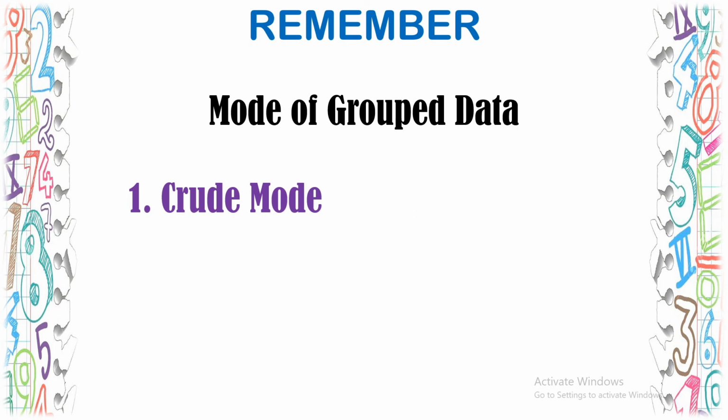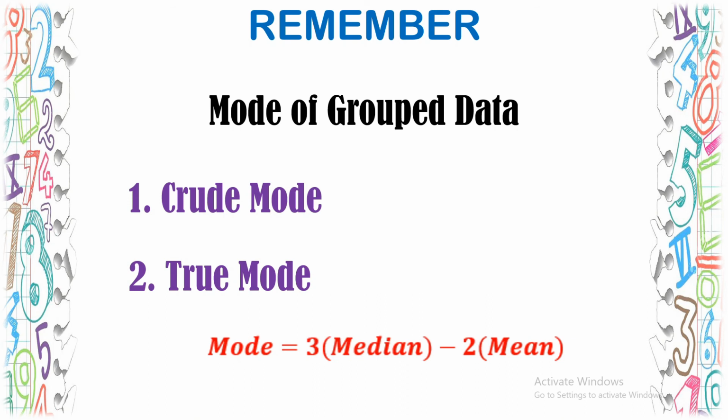But if we have a multimodal, we use the true mode. Take note, the true mode is used to address the problem of not having only one modal class. So this will use the other two measures of central tendency, which are the mean and the median. So the formula of a true mode is equal to 3 times the median minus 2 times the mean.